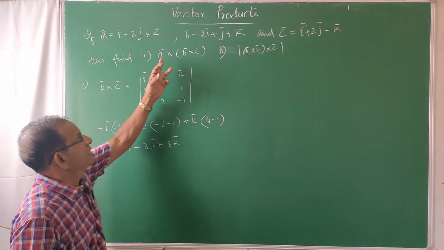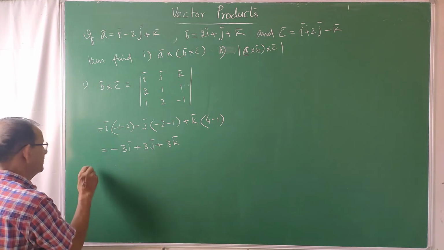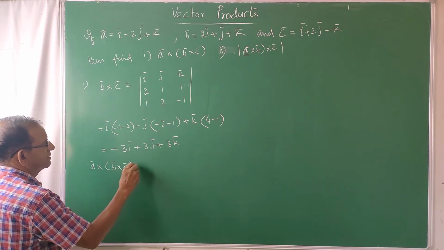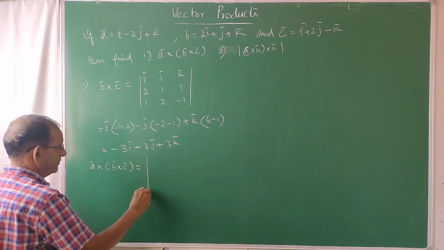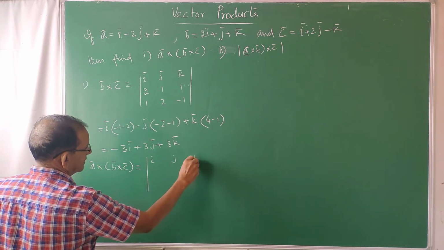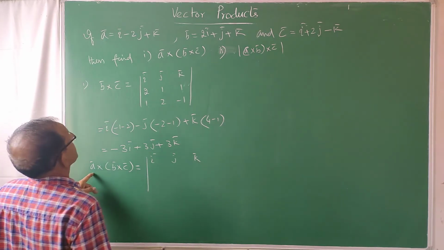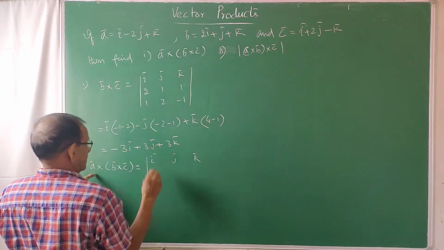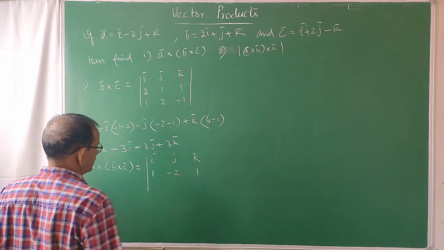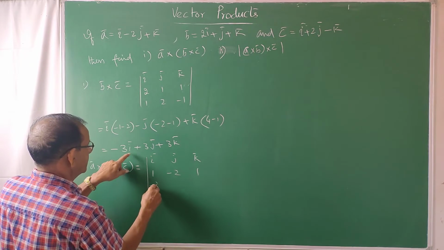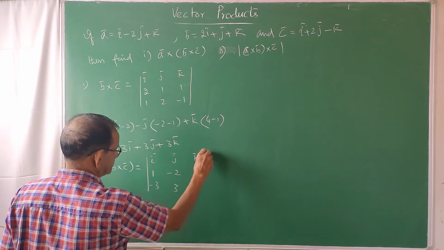Now I have to find out a cross b cross c. A bar cross b bar cross c bar. Now we have to write first i, j, k. A bar coefficients are 1, minus 2, 1. Next b cross c coefficients. This is minus 3, plus 3, plus 3.